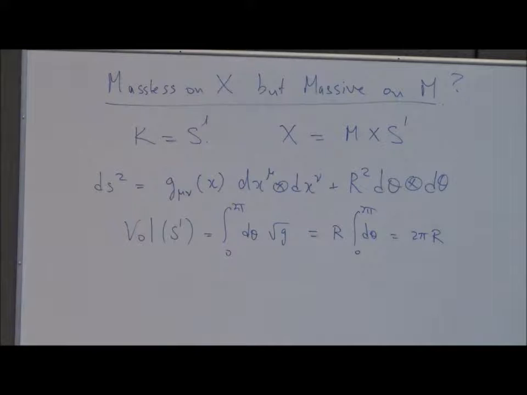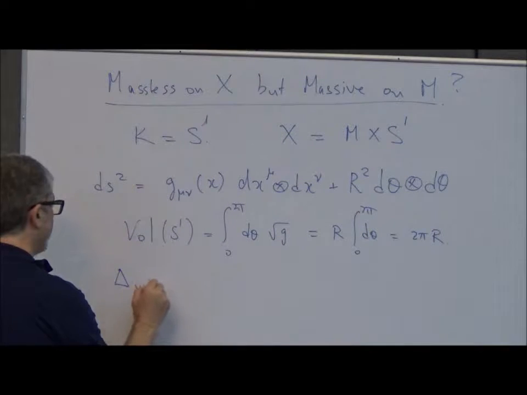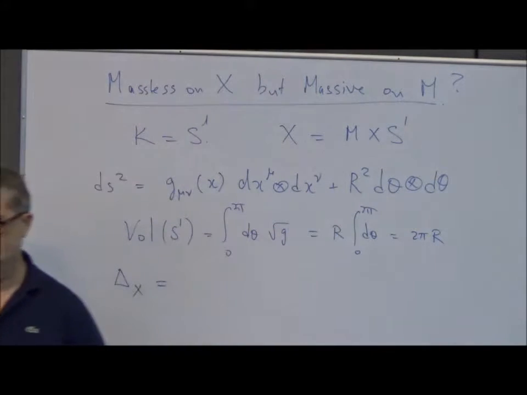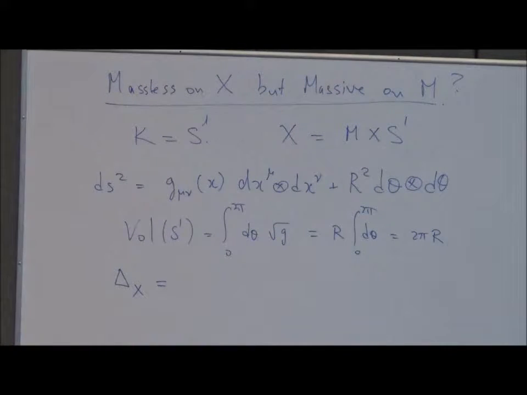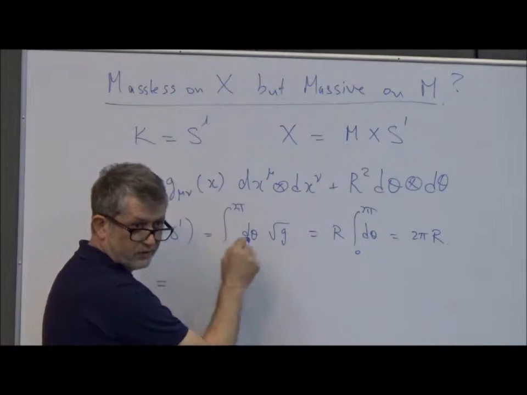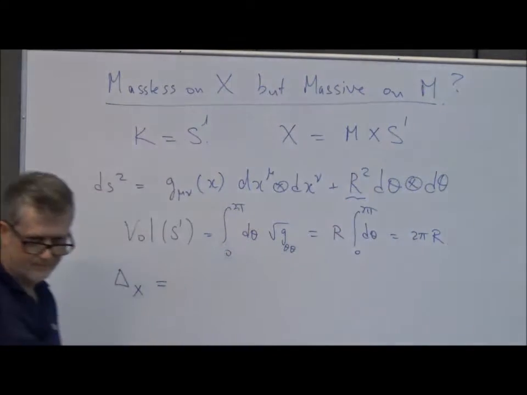All right, what about the Laplacian on X? Well, these spaces don't mix, right? What's the square root of g? Are you talking about the metric on M? On S1. Volume of S1. So this is just g_θθ, which is just that.